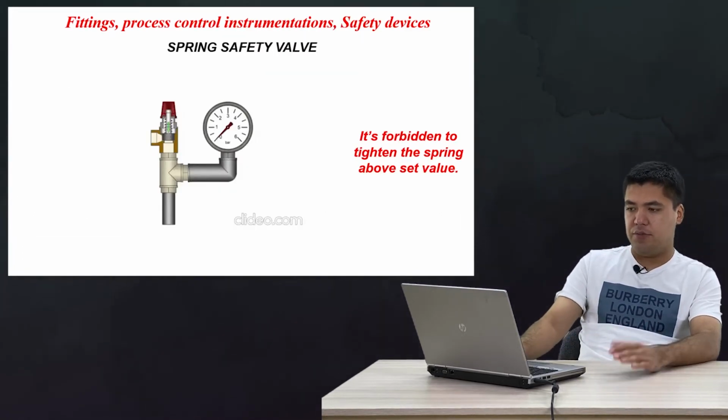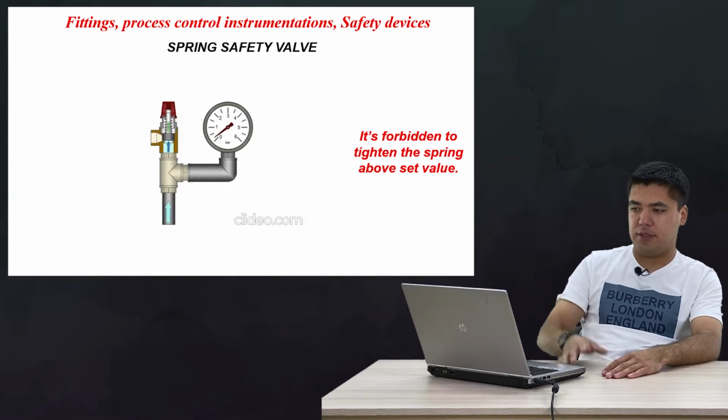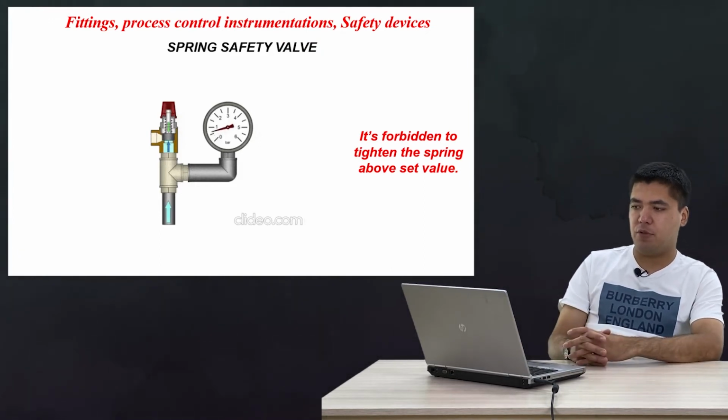When you look at the slide, here you see the example of a spring safety valve. And what is a spring safety valve? If you pay attention to the green arrow on the top of the safety valve, there is a spring. It's compressed.